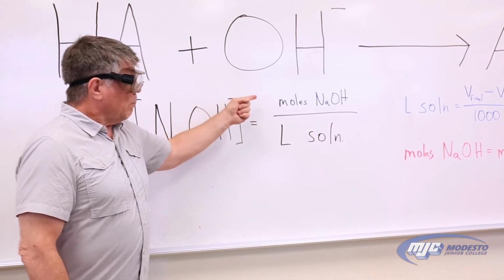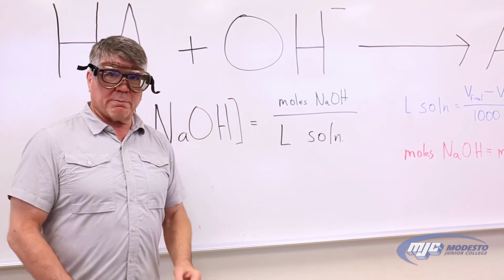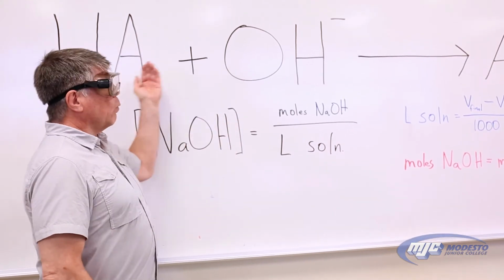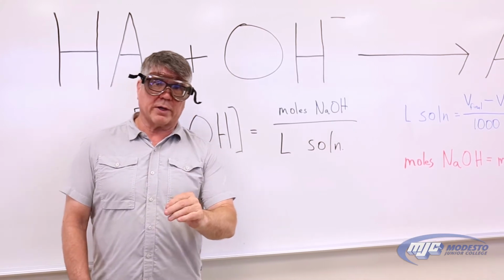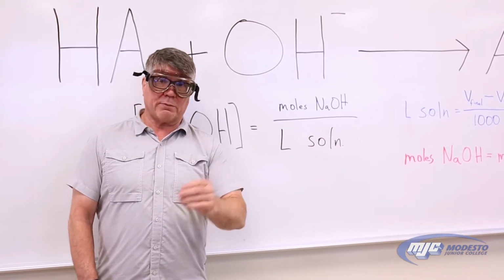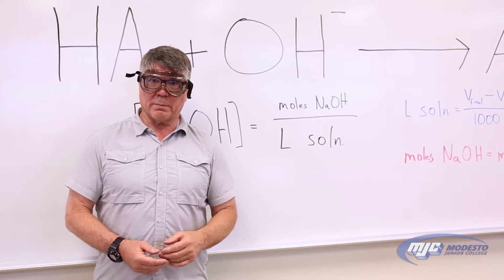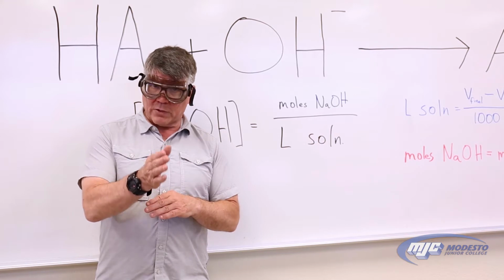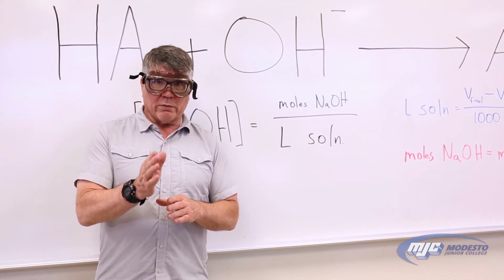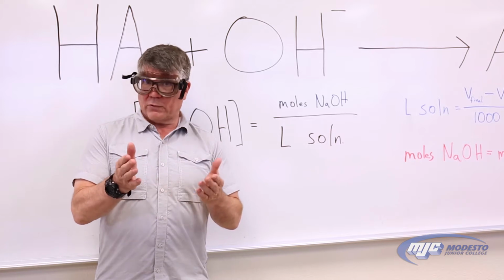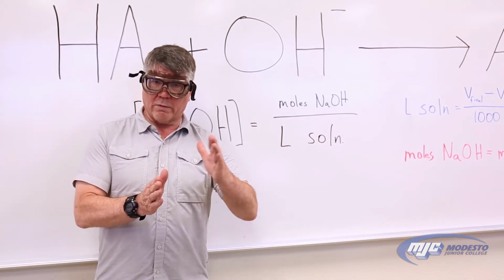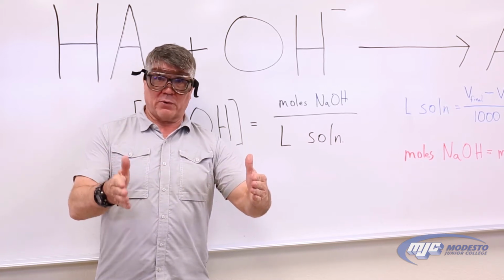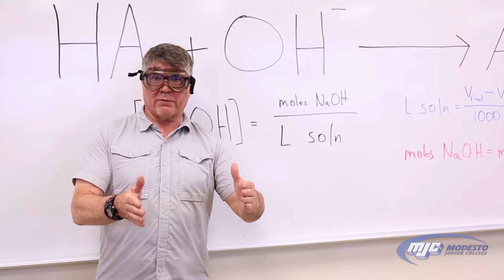Well, the moles of sodium hydroxide, we're going to get that because in this reaction here, in all of the reactions in this experiment, it's a 1-to-1 mole ratio between hydroxide and whatever acid you happen to be titrating, in this case, KHP. Which means that if you know how many moles of KHP you have in your flask, at the point where you've added exactly enough hydroxide, sodium hydroxide, to use up all of that acid, you'll have added the same number of moles of sodium hydroxide as you have acid in that flask.